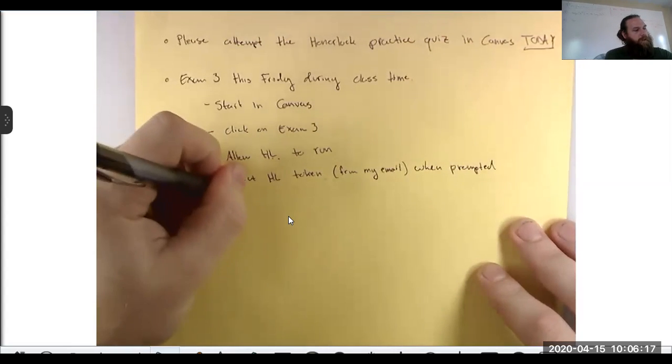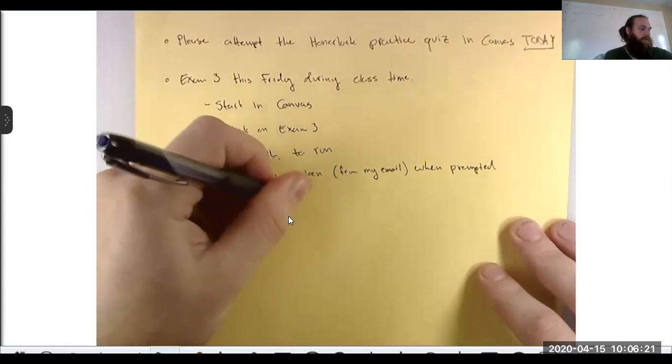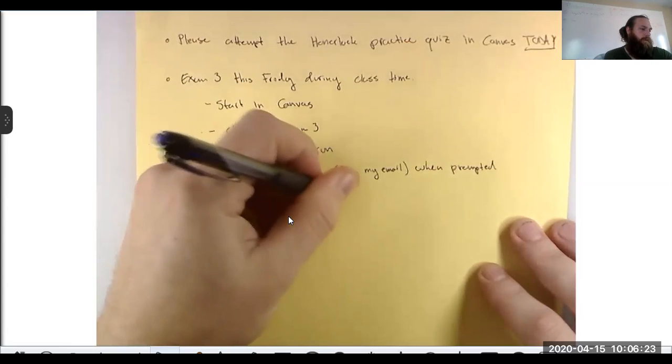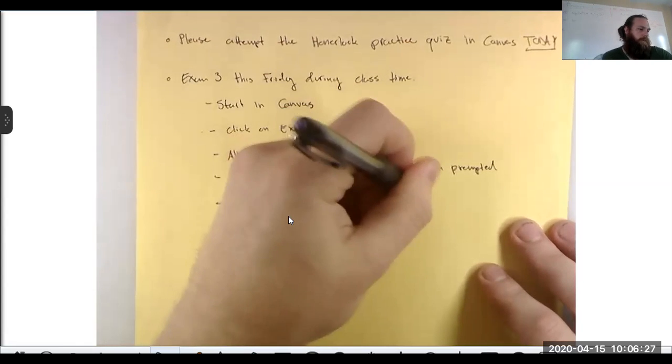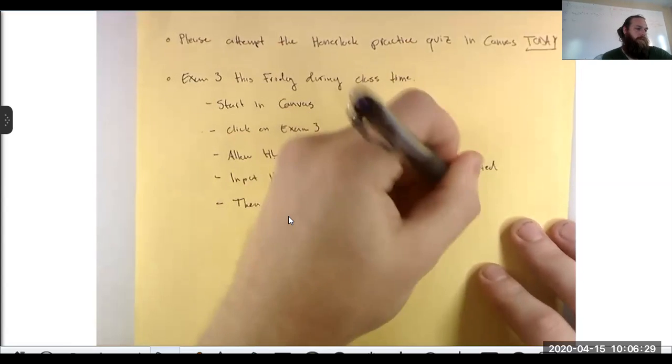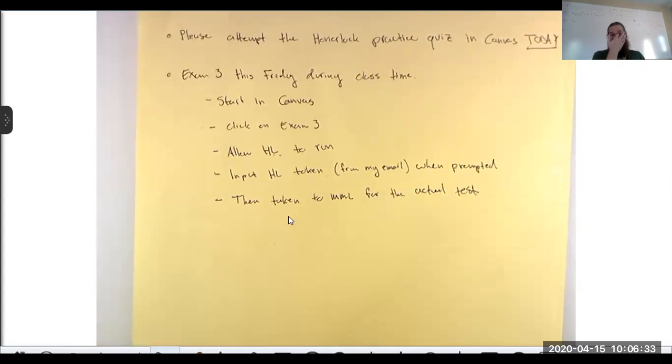And then you'll be taken to MML for the test. Okay, so that's how it's going to run. Those are going to be the mechanics.